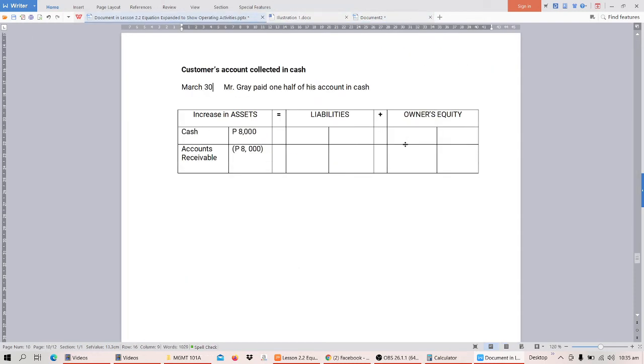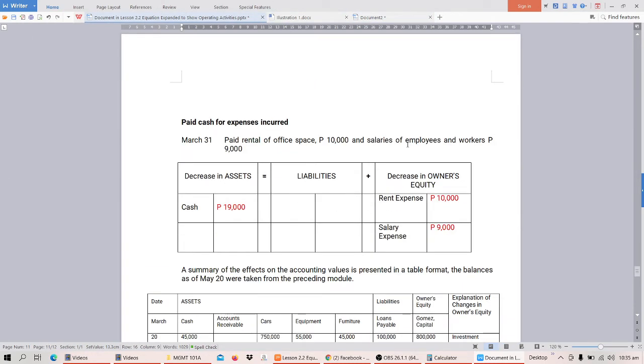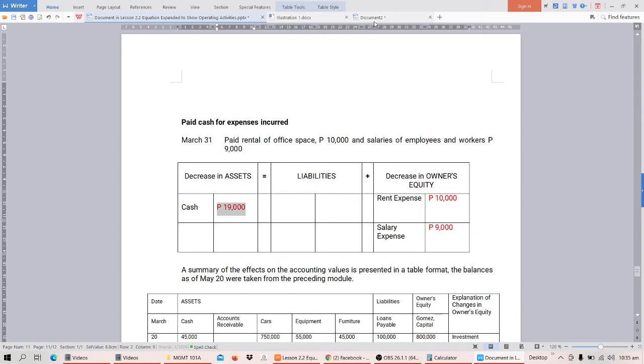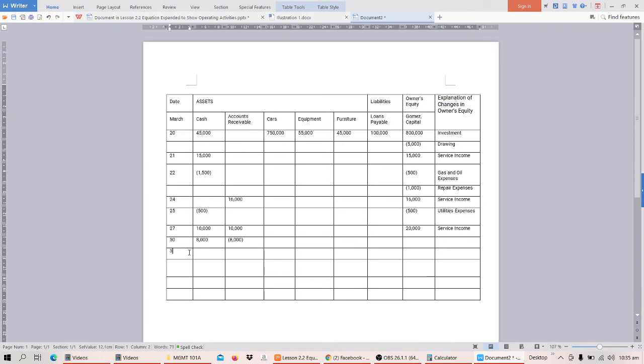Okay, lastly, in March 31, there is a decrease in asset by 19,000 since you pay for a rent for your office space and your salary expenses also by 9,000. So, we decrease in cash by 19,000, and decrease in your owner's equity by 19,000 also.